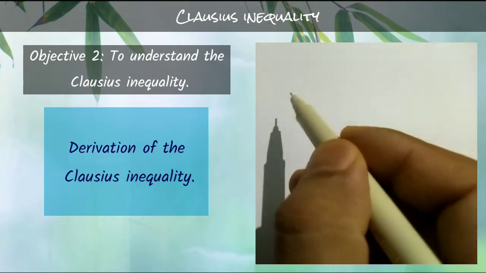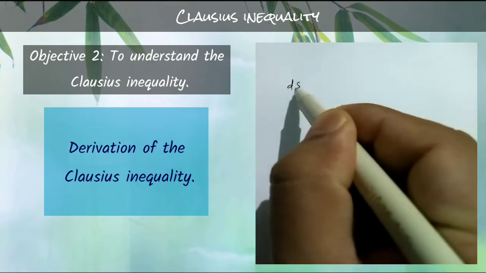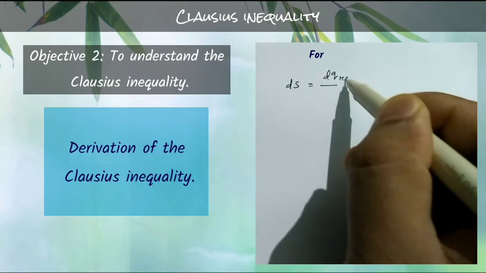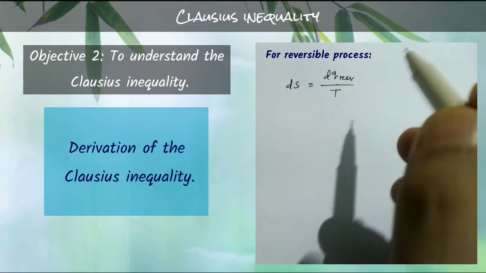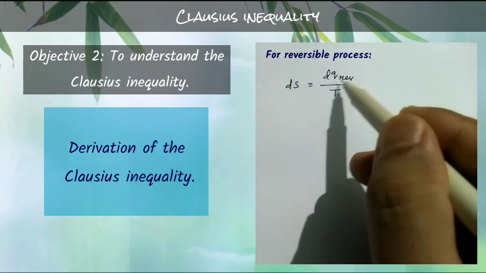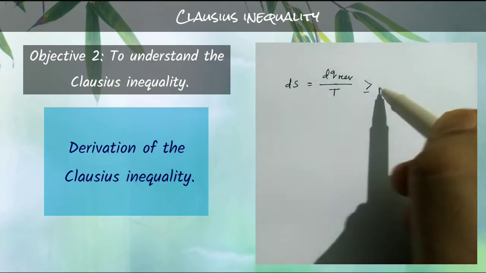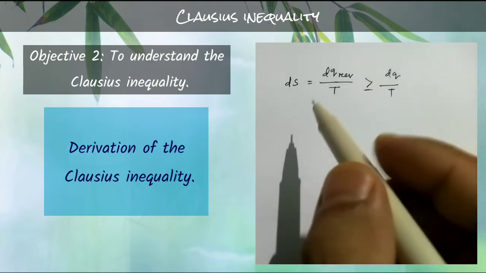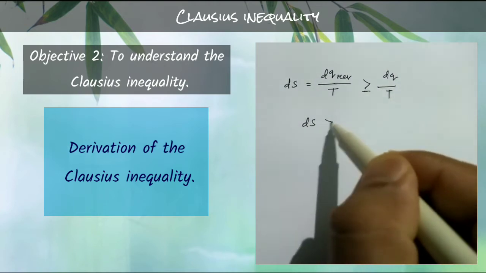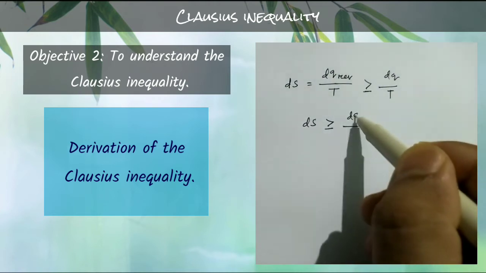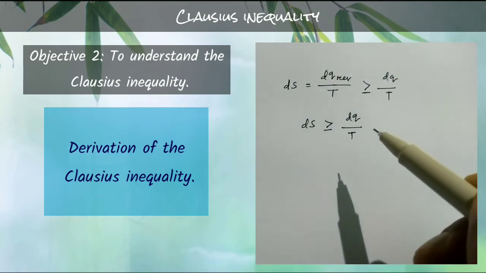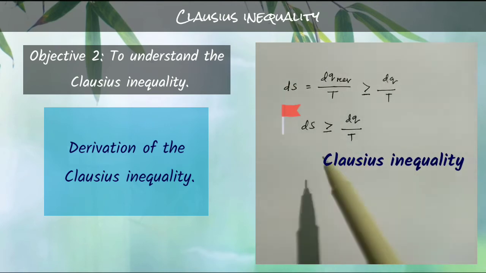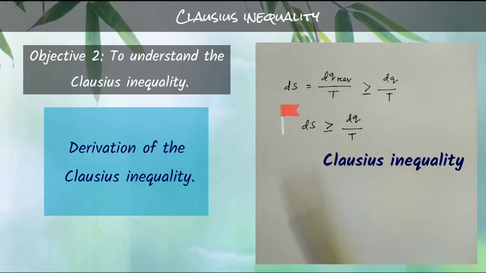Again we know that the change in entropy is defined as dS equals dq reversible divided by T, for a reversible process. Since dq reversible is greater than or equal to dq, we can write that dS is greater than or equal to dq by T. This is for the irreversible process, and this is known as the Clausius inequality. So we have derived the Clausius inequality.